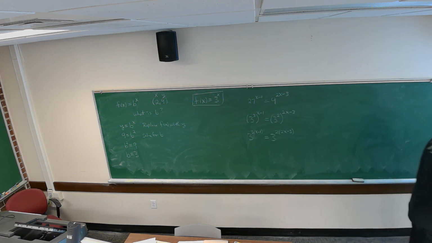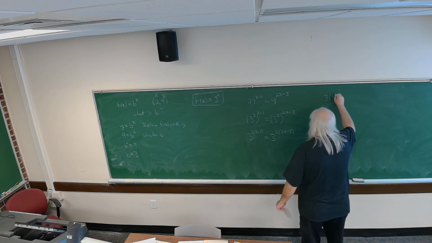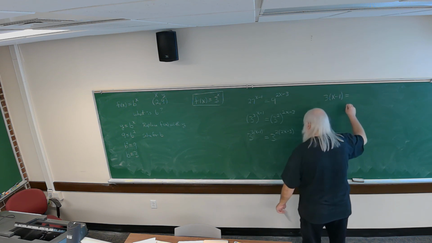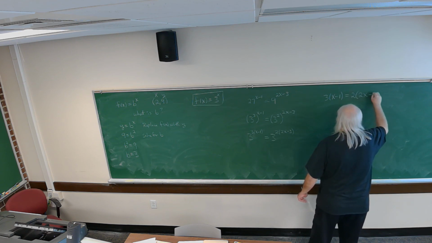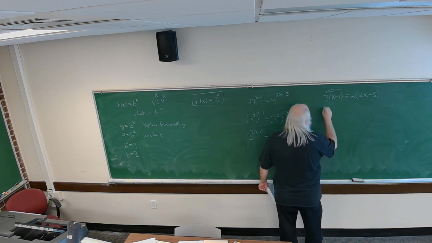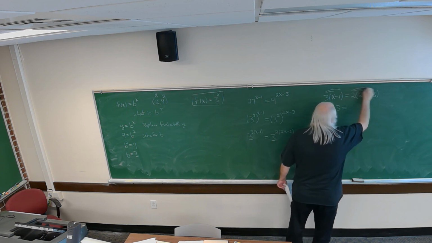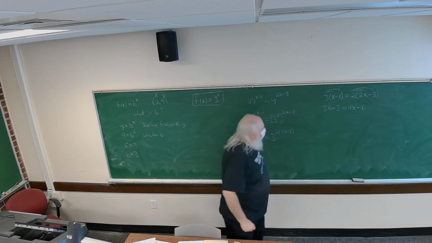And so the one-to-one property of exponential functions says I can now equate those two exponents and solve for x. So we have 3 times x minus 1 is equal to 2 times 2x minus 3. When I distribute the 3 on the left hand side, I have 3x minus 3. And when I distribute the 2 on the right hand side, I have 4x minus 6.